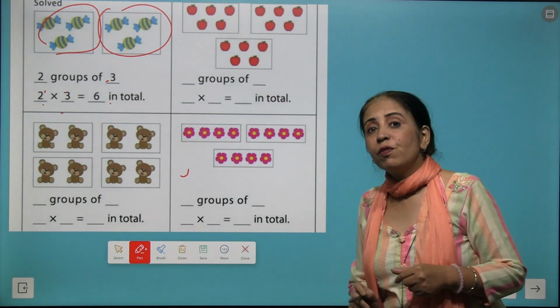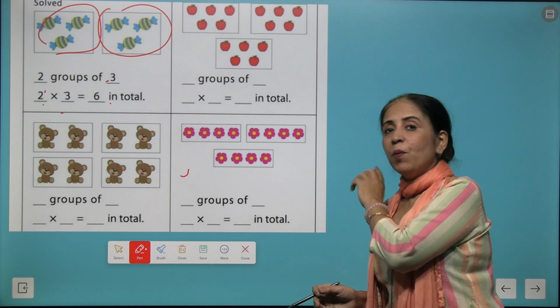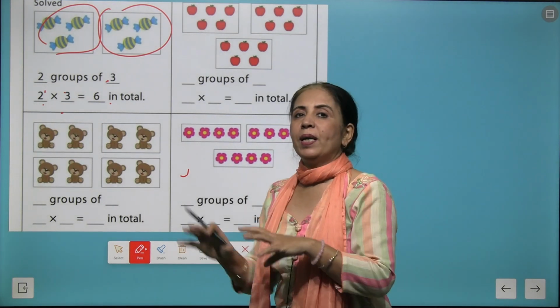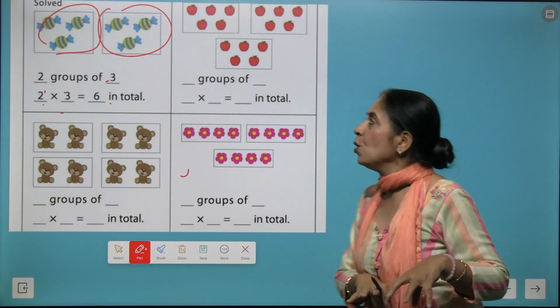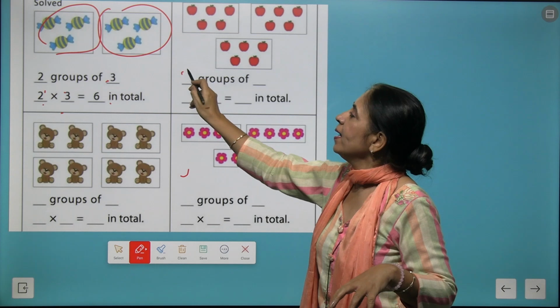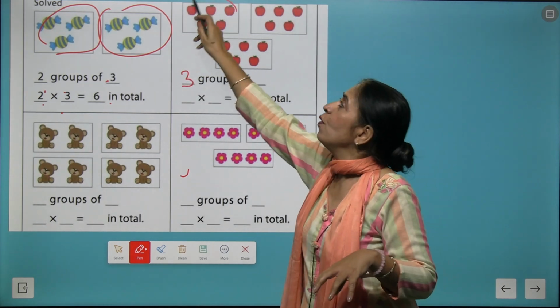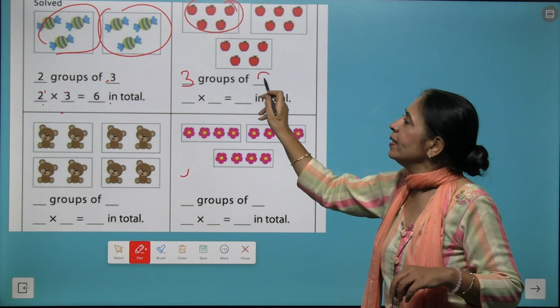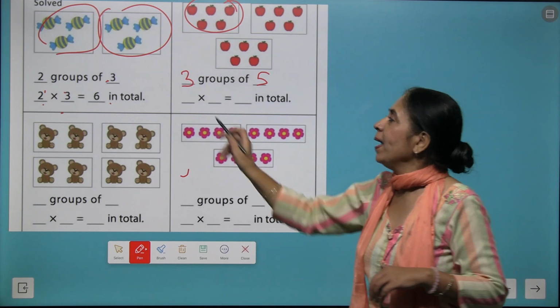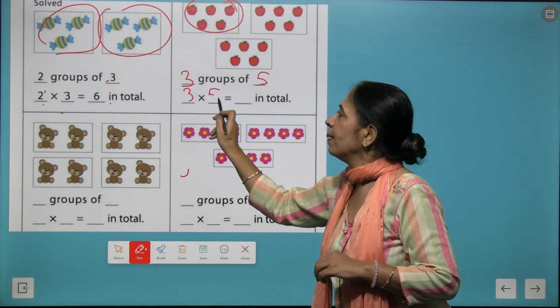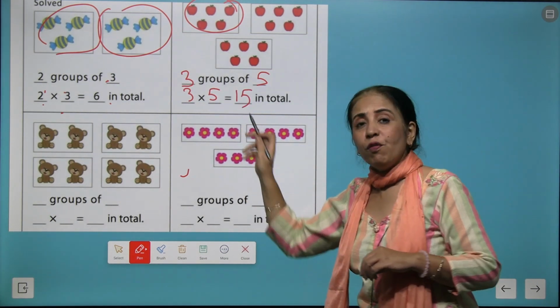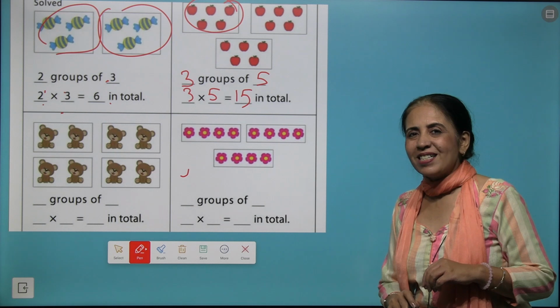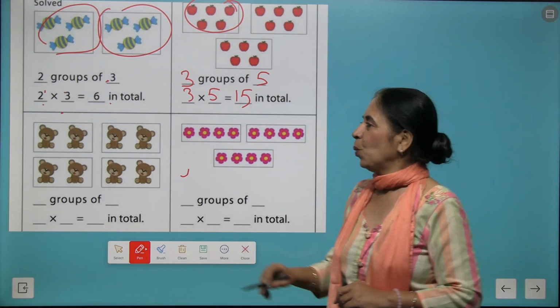I brought 15 apples, and we equally distributed them in 3 groups. So we say 3 groups of 5 apples each. That makes 3 times 5 is 15 in total. Interesting.